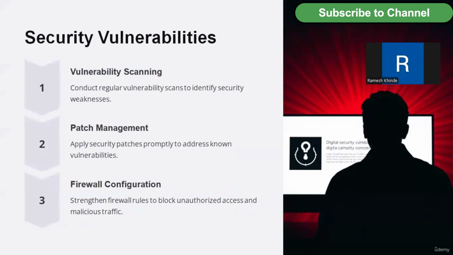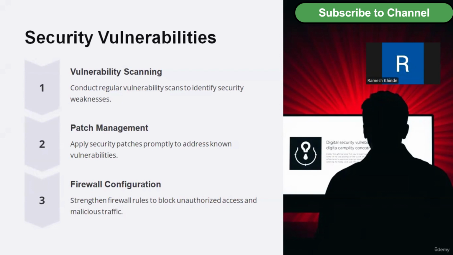Then some security issues are there, security vulnerabilities that we have to focus on here. Vulnerability scanning: conduct regular vulnerability scans to identify security weaknesses. If some security issues are there, we have to monitor that. Then the next point is patch management. Apply security patches promptly to address known vulnerabilities.